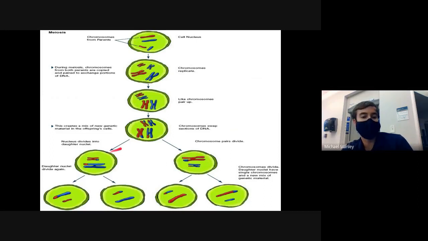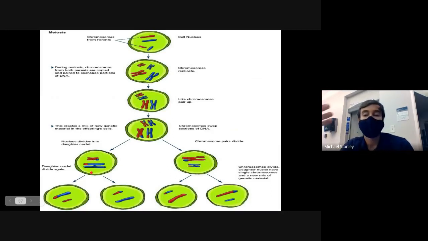We then separate out those cells, or those chromosomes. So now there's 2 big and 2 small chromosomes in each new cell. Very similar to what would happen in mitosis. But then we do that again. We pull the big chromosomes and the small chromosomes apart.